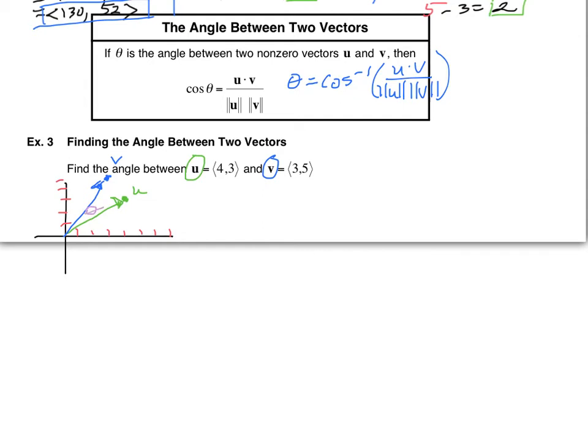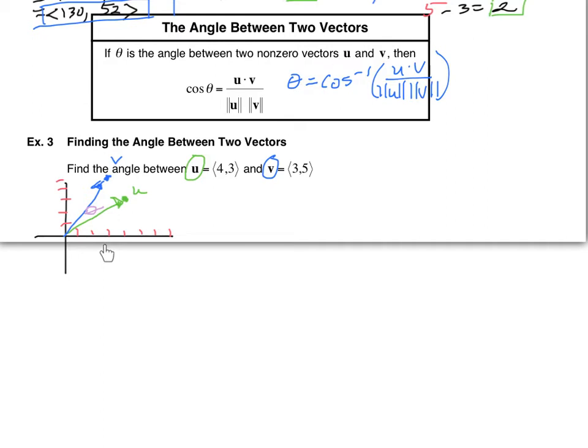What makes this more difficult is if we were finding the angle from the x-axis to the green vector, you know how to do that because that's what we were doing in 6.1. Or if we were finding the angle from the x-axis to the blue vector, you can find that as well by using the inverse tangent, because we already know the coordinate points for x and y.